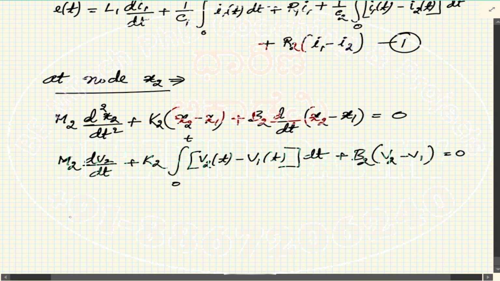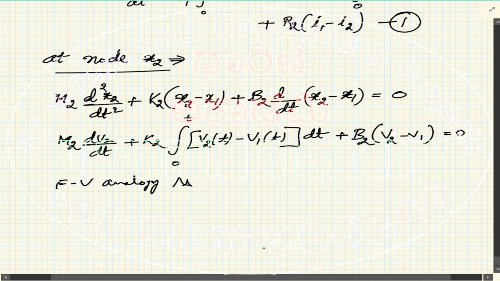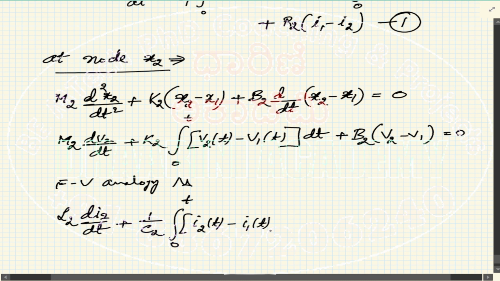Now to this equation, let us apply the force voltage analogy. So m2 is L2, velocity is current, so di2 by dt, plus k is 1 by C, so this is 1 by C2 integral 0 to t of I2 of t minus I1 of t dt, plus B is a resistance, so this is R2 into I2 minus I1.